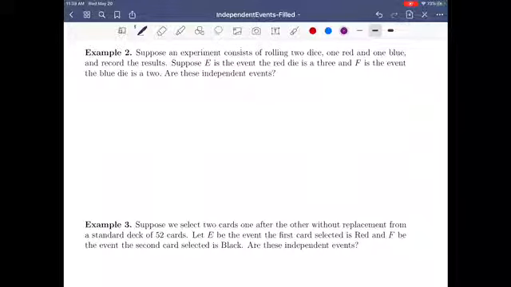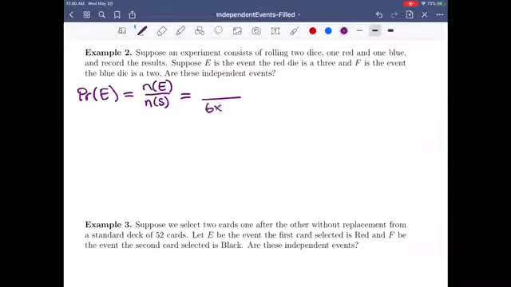So I'm going to use the last one again. What I'm going to do is start by computing the probability that E happens. Because I'm in a uniform sample space, this is going to be the number of ways E happens over the size of the sample space. The sample space is usually the easier one to compute.